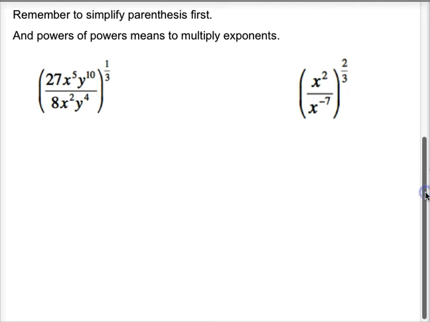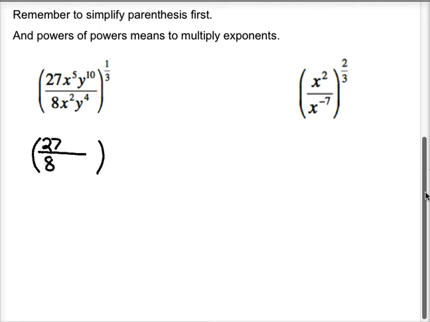All right. Scooting down to ones that look like this. Now, when you see parentheses like that, think order of operations. So think, hey, I know how to simplify things because I know I have to deal with parentheses first. So let's take a look at what that means. So the 27/8, those can't reduce.